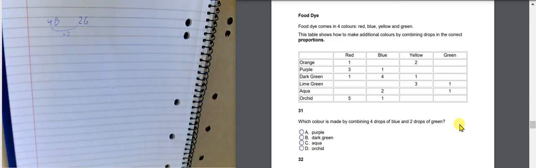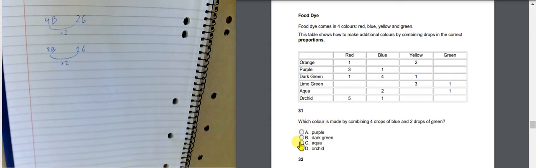So we also need to try to find a ratio that's got twice as many blue as green. And if we have a look at the table, the only one that actually has blue and green is aqua. And yes, it is also 2 to 1, 2 blue to 1 green. So it's got the exact same ratio, multiplied by 2. So yes, aqua is what we're looking for.